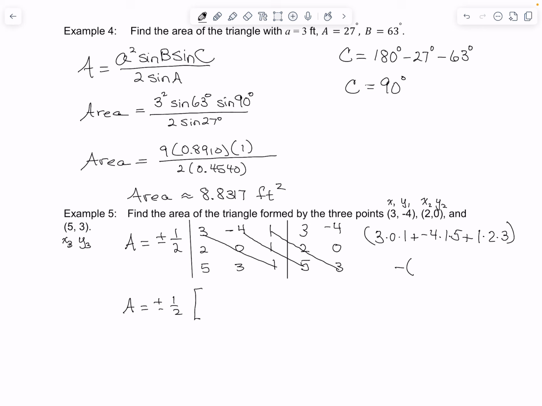So we start in the lower left-hand corner and do the diagonals up. So 5 times 0 times 1 plus 3 times 1 times 3 and plus 1 times 2 times -4.